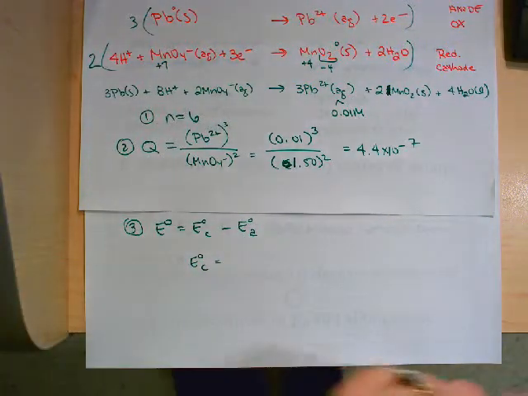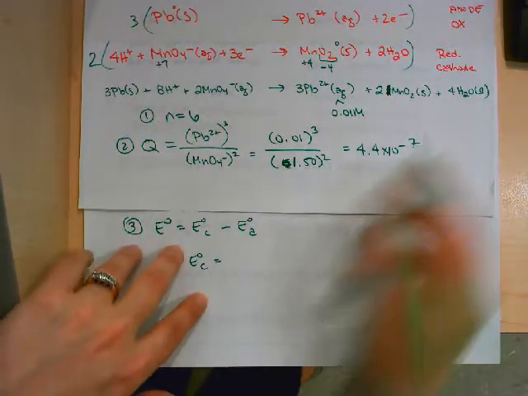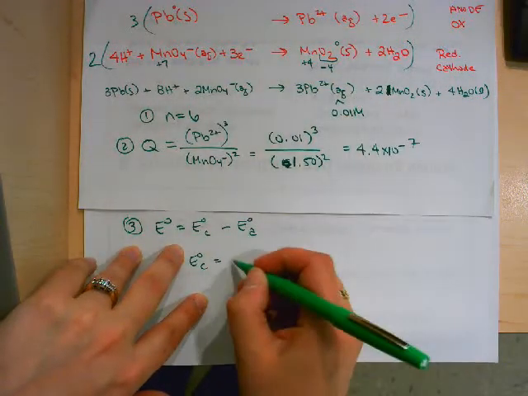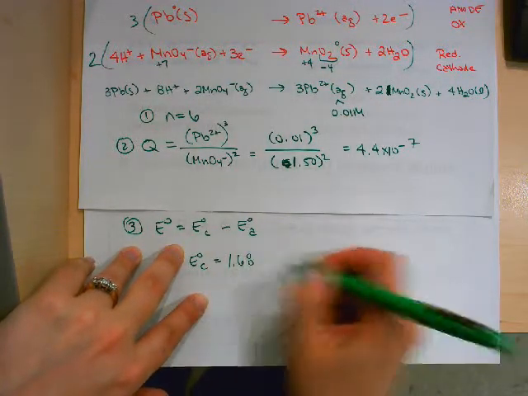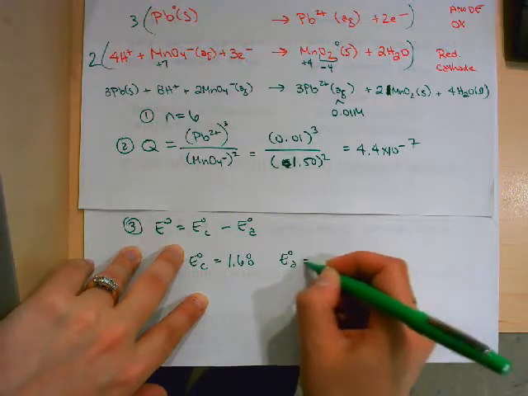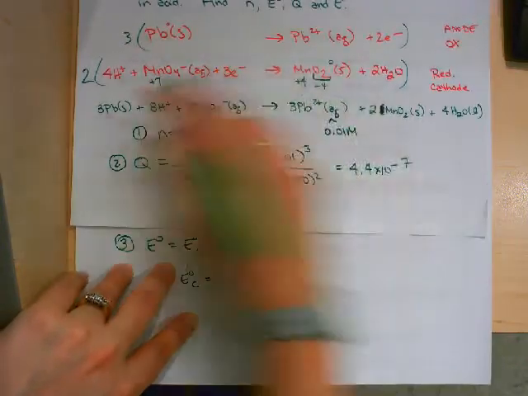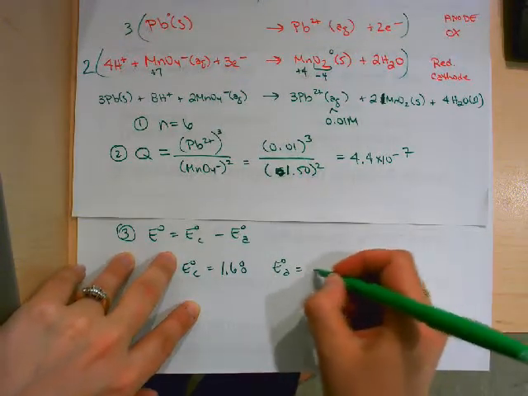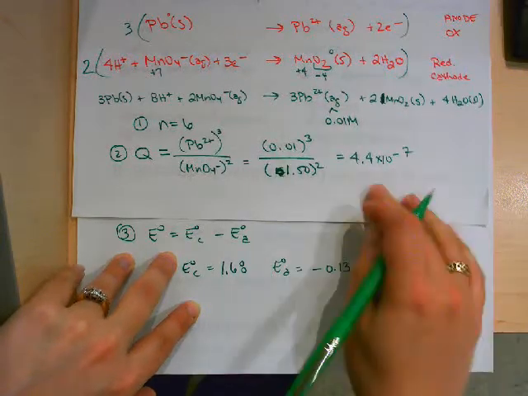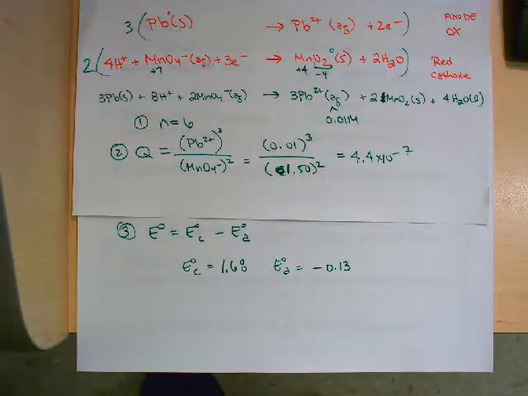Alright, and you would look these up on the table. Cathode, which is this manganese one, 1.68. The lead one is that. We'll plug those in.